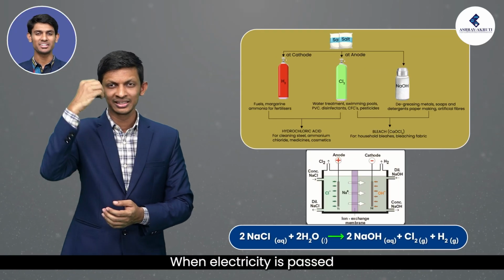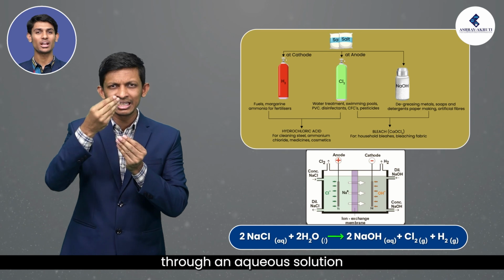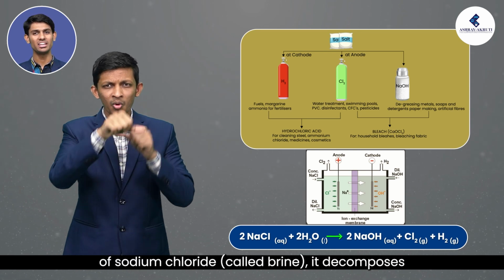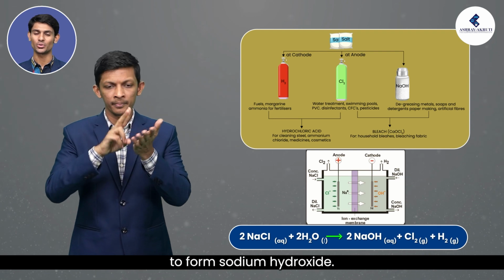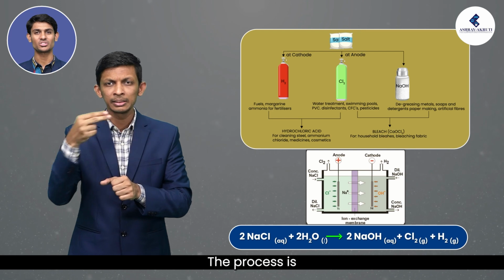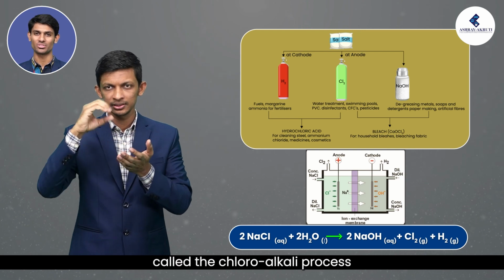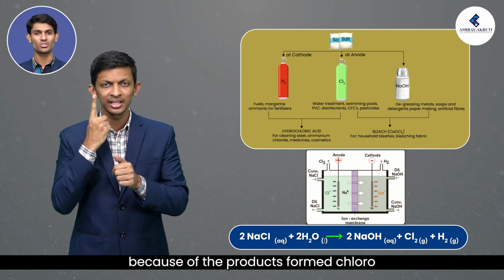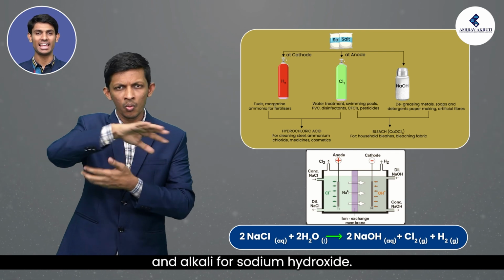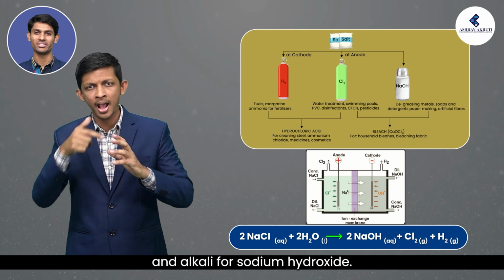When electricity is passed through an aqueous solution of sodium chloride, it decomposes to form sodium hydroxide. This process is called the chloroalkali process because of the products formed: chloro for chlorine and alkali for sodium hydroxide.